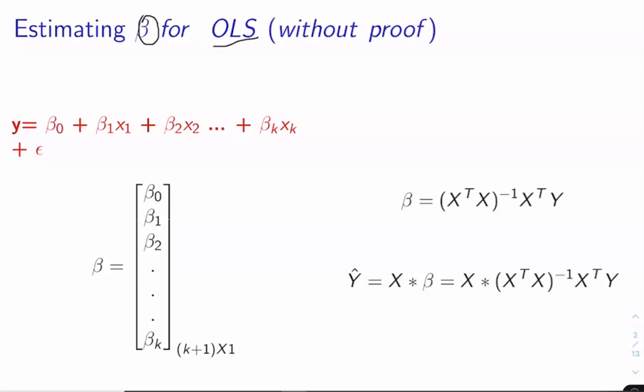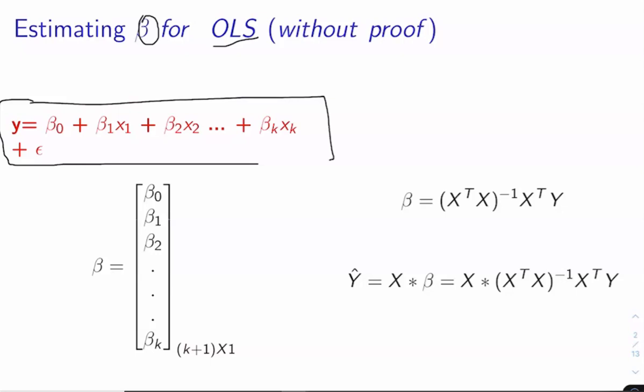I have not given the proof for the formula, but we can use it to estimate the values of different coefficients. So this is the equation, which is also called the hypothesis function, to predict the values of y from the given features.